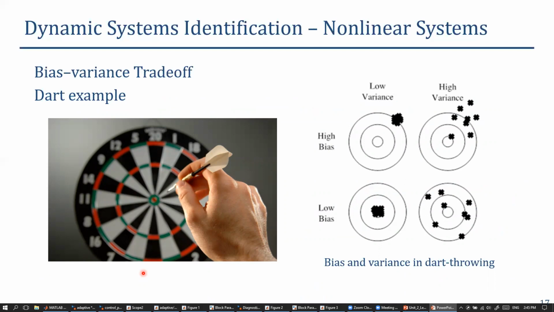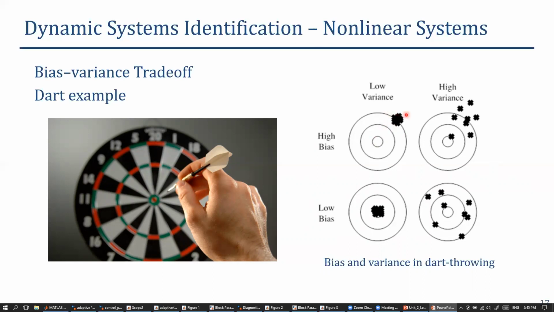The bias-variance trade-off is probably the easiest to explain with throwing darts, right? When we have high bias and low variance, the throws land very close together, but they're far off. That means the model is wrong, it is biased.